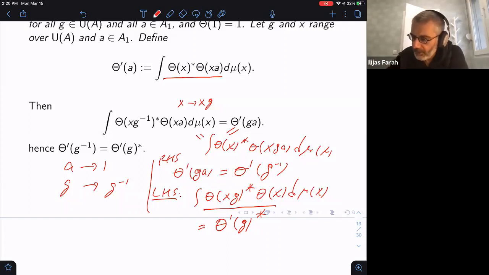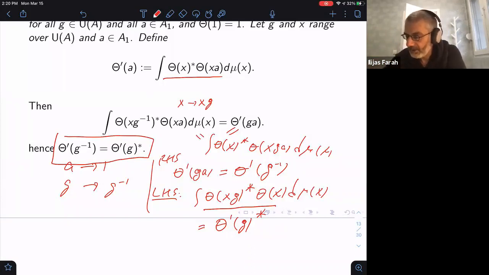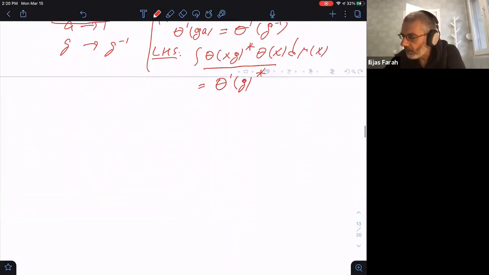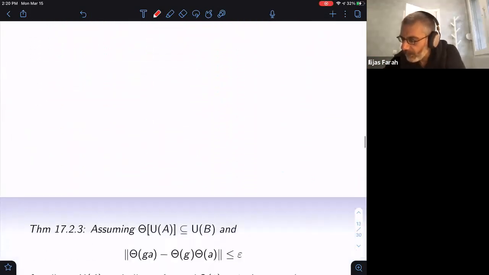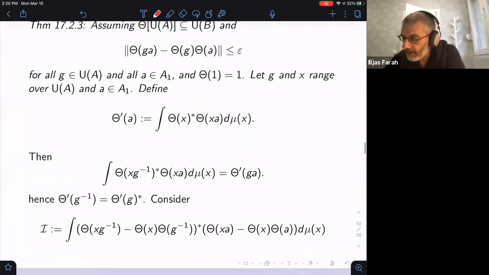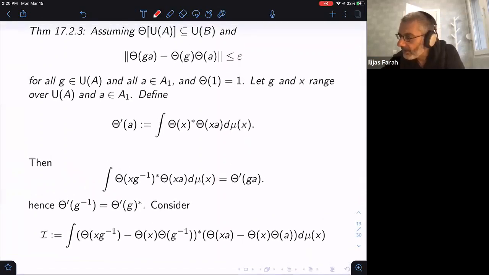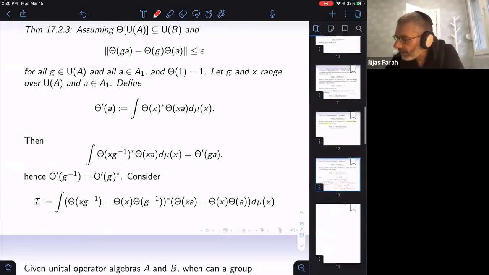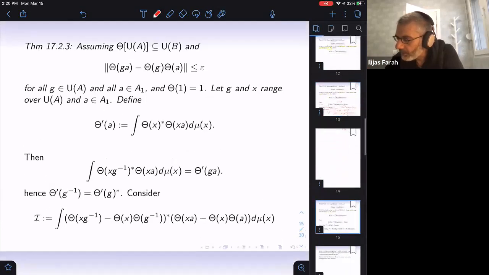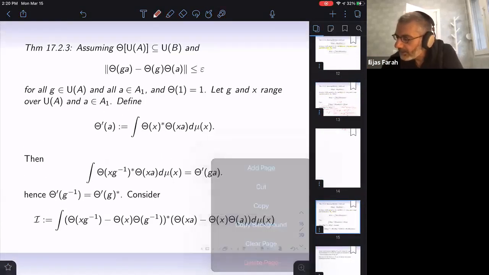So what we conclude is that theta prime of g inverse is the same as theta prime of g star. At least it behaves well in that sense, but it doesn't mean that it's a homomorphism. We'll have to work for that, but we can still make some estimates here and get what we need.